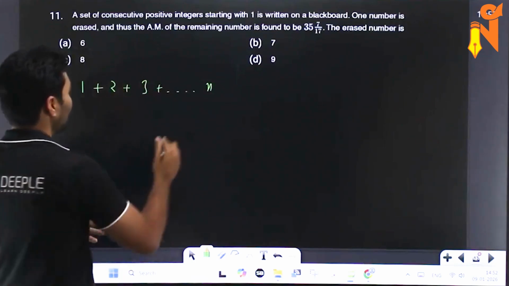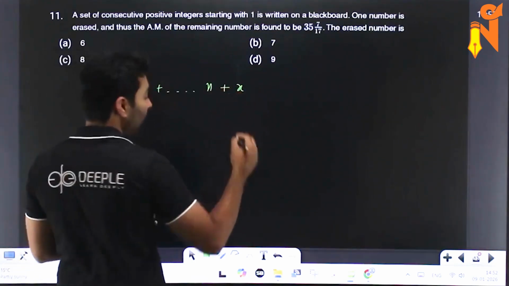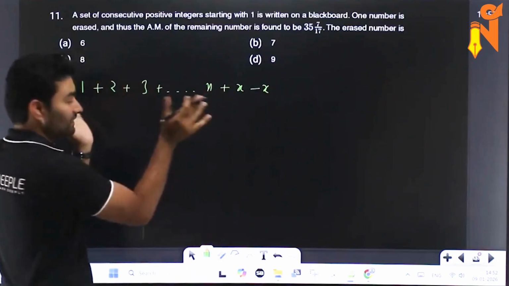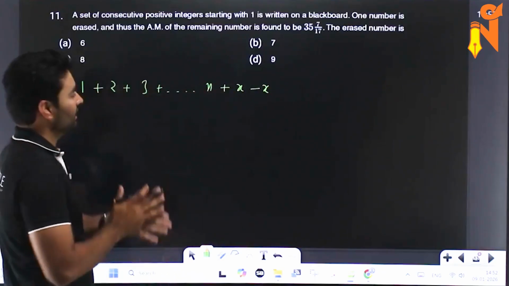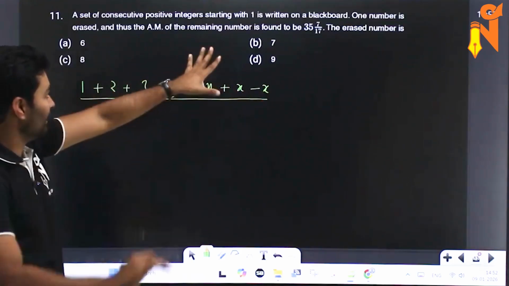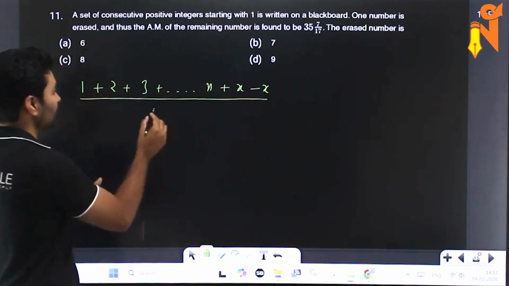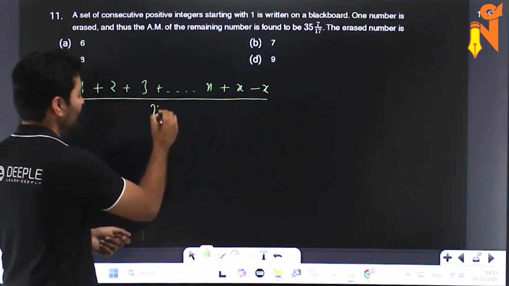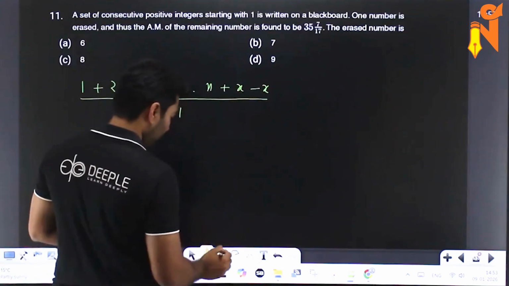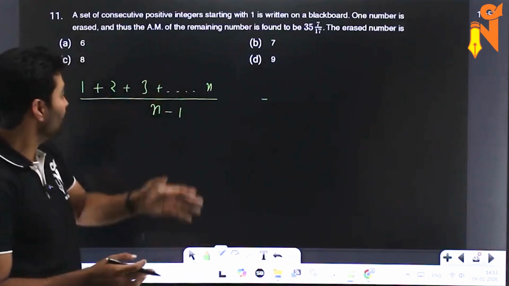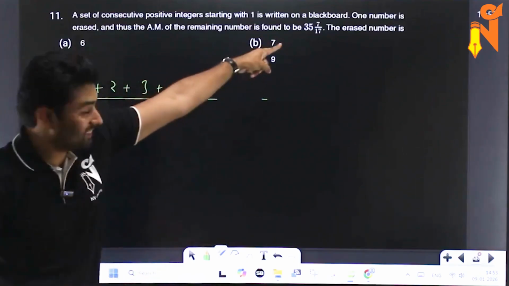Let's say I am removing this number x. The remaining numbers are n minus 1 in count, because x is not here. What is given is that the AM of these numbers is this.